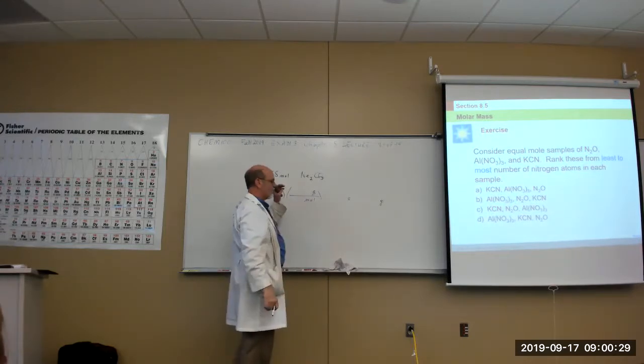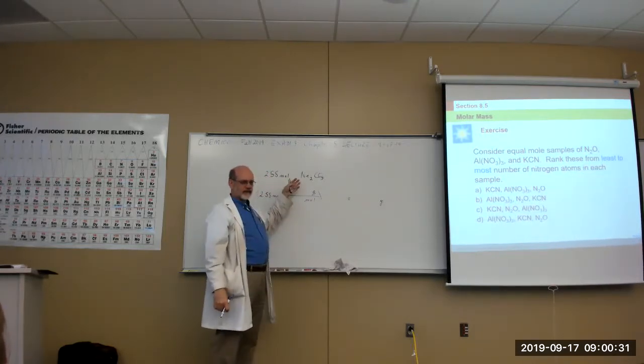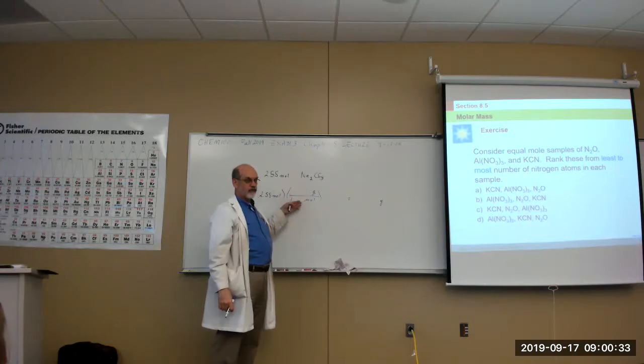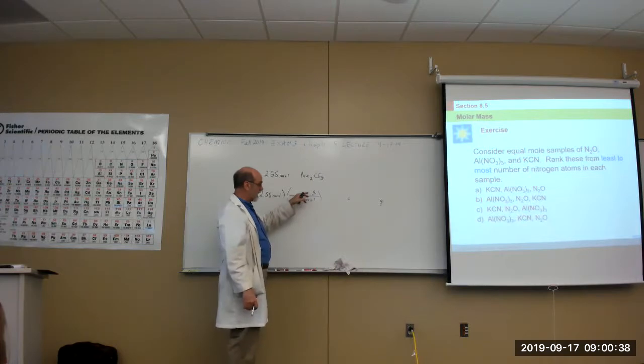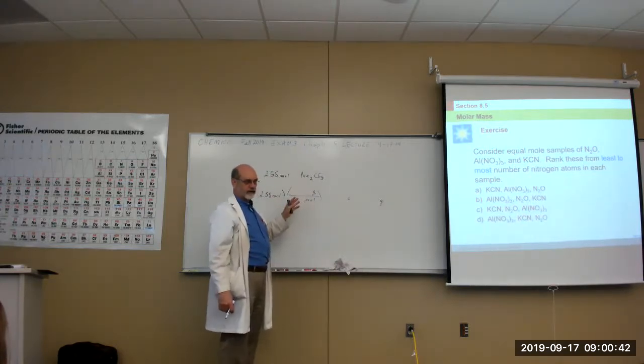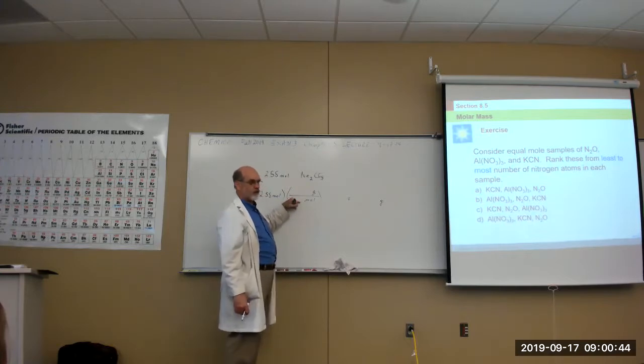Anytime you see a quotient with mass on one side and moles on the other, that's molar mass. You may put grams on the bottom and moles on the top, it doesn't matter. As a conversion factor, you just put the grams down here where they belong and 1 mole on top.